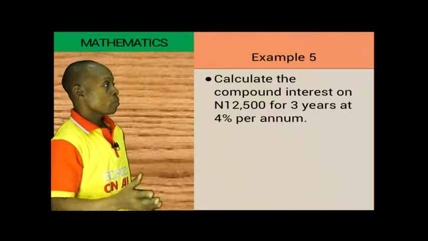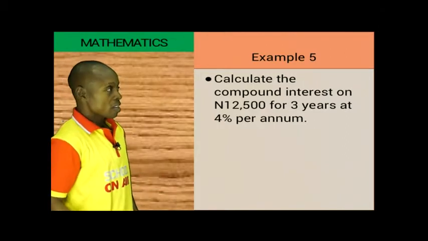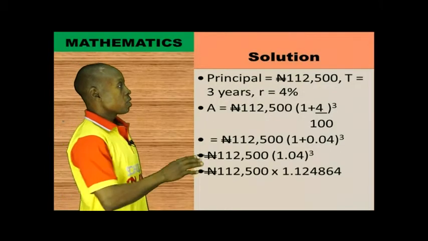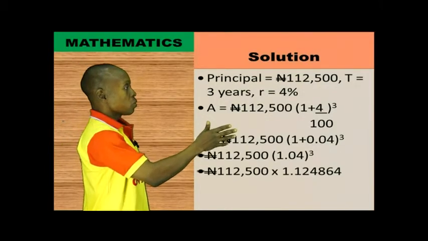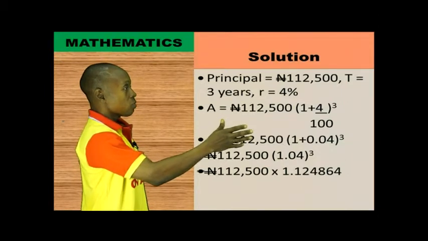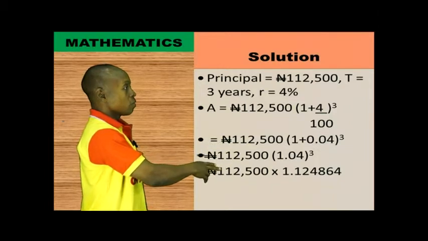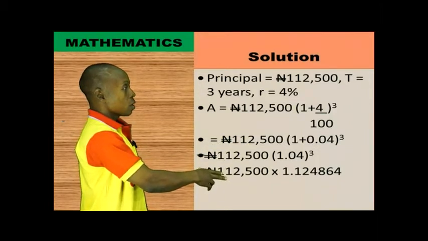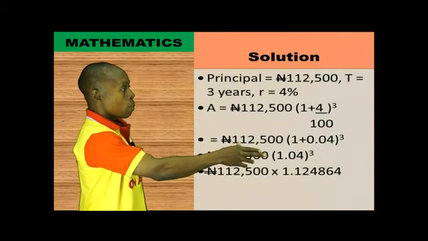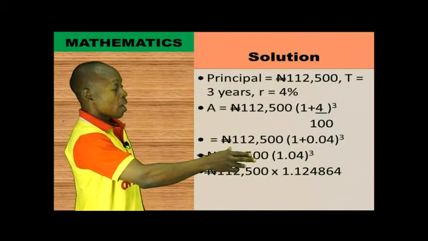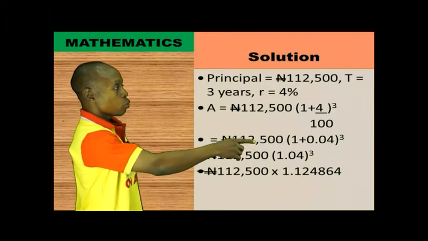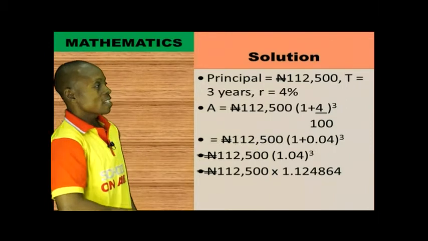We went through the third example, compound interest on that. I explained how we slotted in all the necessary values into the formula. We also wrote out the formula, it's only the values that change. So at the end of this we have 112,500 naira multiplied by 1.04, multiplied 3 times, so we have 1.124864.